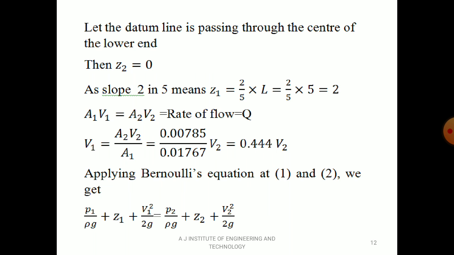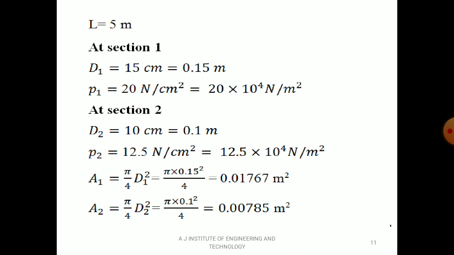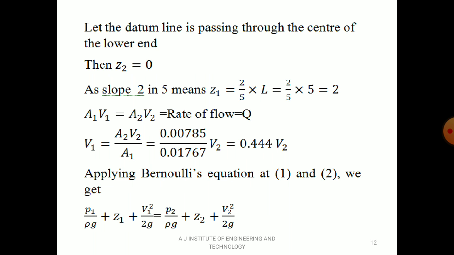That is equal to the P2 value, given in the problem as 12.5 into 10 to the power 4 divided by 1000 into 9.81, plus Z2 is 0, plus V2 square divided by 2g. In place of V1 you can substitute 0.444 V2, so (0.444 V2) whole square divided by 2 into 9.81.